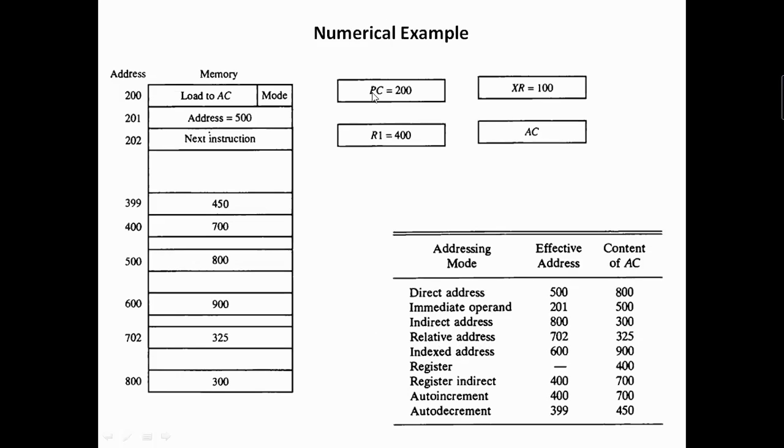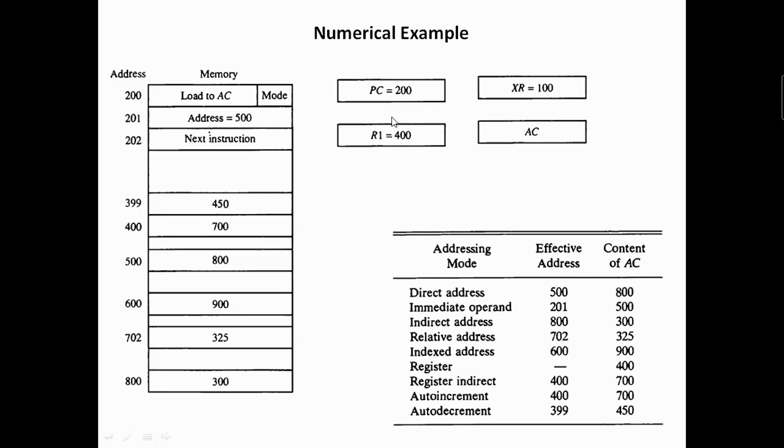Right? So PC contains 200. Next instruction will be at 202. So 202 will be added to 500. So we will get 702. That is why the effective address will be 702. And when we go to 702, it is 325. So the operand will be 325.